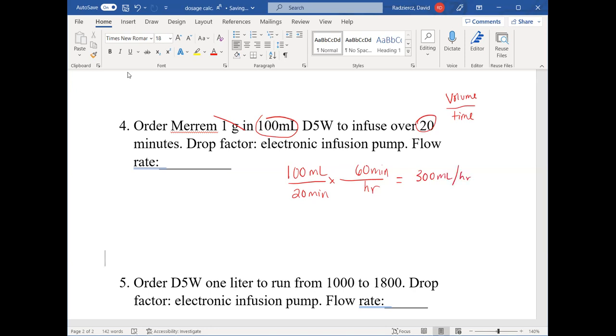Now, if you're like me and you say, okay, if it's 100 milliliters in 20 minutes, then in 40 minutes it'll be 200 milliliters, in 60 minutes it'll be 300 milliliters, then we're doing the same thing. But 300 milliliters per hour is what your answer would be for this question.